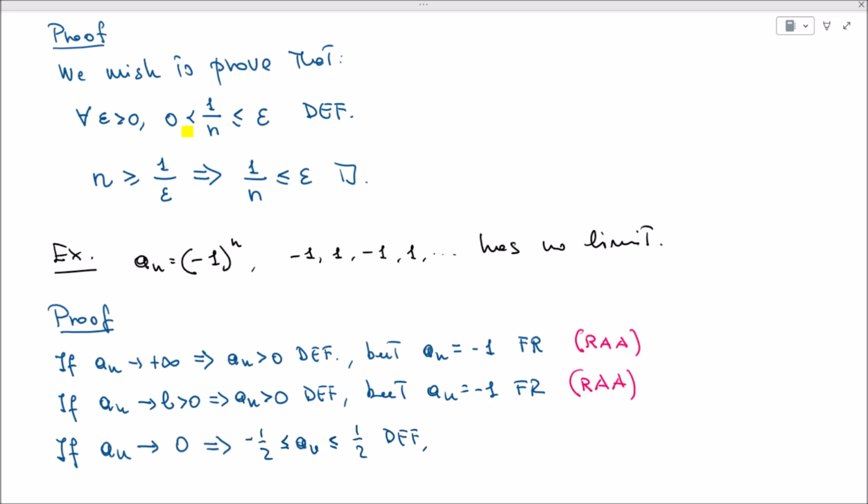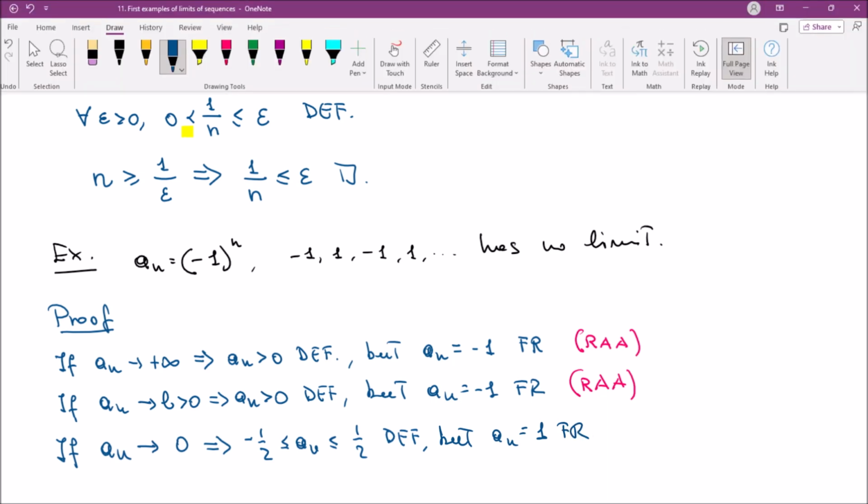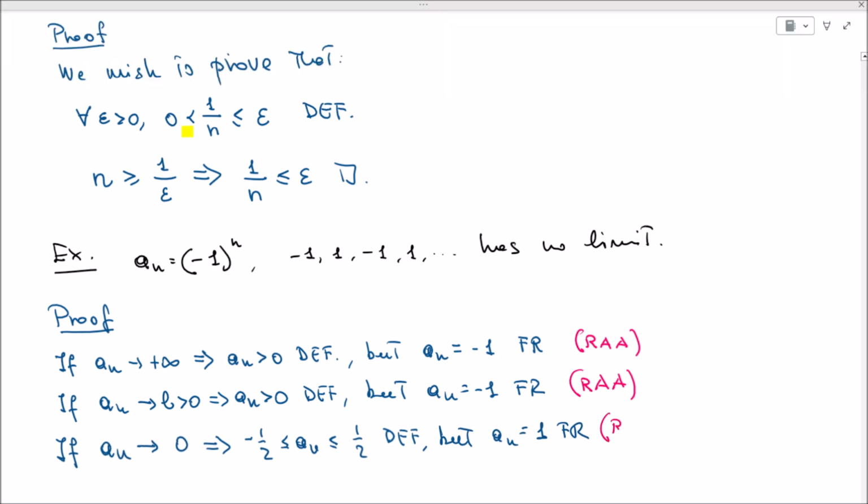But again, because a_n, for example, will take the value 1 frequently, this is another example of reductio ad absurdum. Of course, I could also consider the case that a_n is equal to -1. Anyway, it will be outside this interval between -1/2 and +1/2.